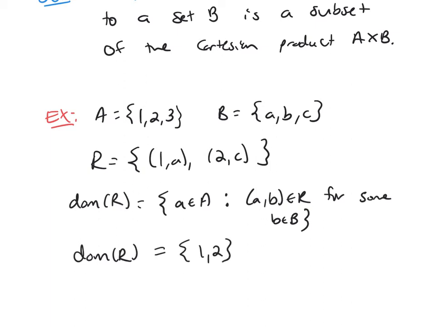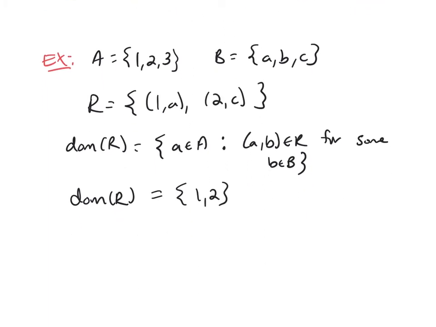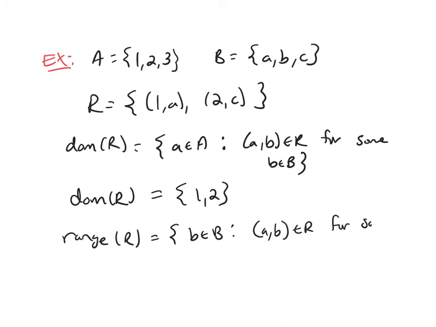Those are our first coordinates appearing for our elements in R. And then we also had the range of R, which was the elements b such that (a,b) is in R for some a. So the range would be all of your second entries, your second coordinates. So a, c would be the range in this example.